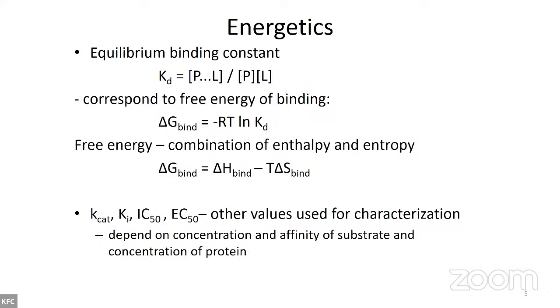In order to describe those bindings in the experiment, it's usually measured in multiple weird values like IC50s. But we can take those IC50s usually as some kind of approximation of the inhibition constant.